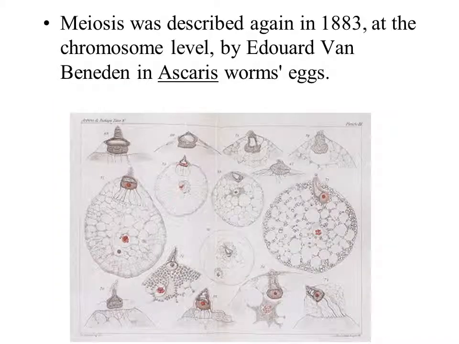Meiosis was further described again in 1883, but now it was described on the chromosomal level. Mr. van Beneden analyzed and observed Ascaris worm eggs.